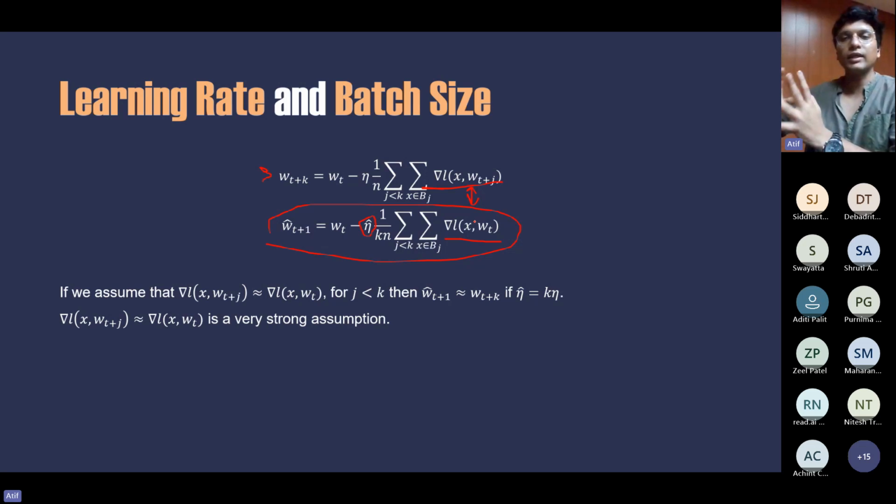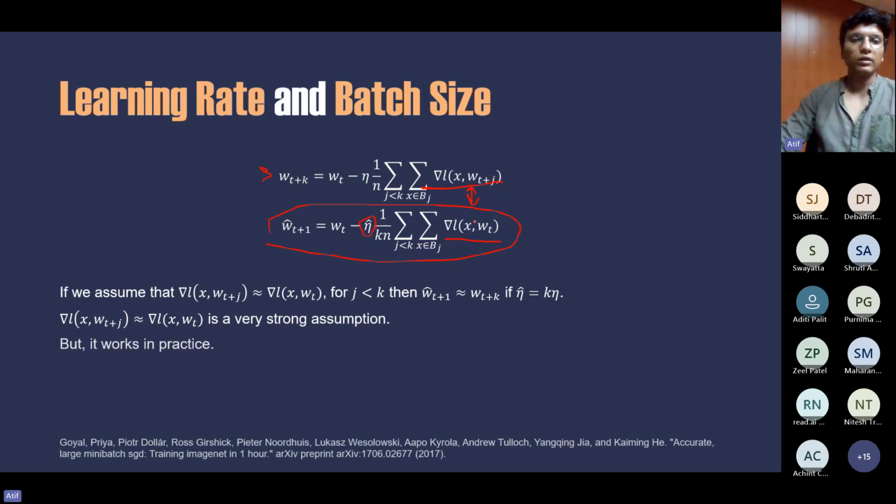So it's very unlikely that you'll be having the exact same 100 samples. But turns out that if we assume that this is true, okay, if this is true, then what I can do is I can just scale my learning rate according to my batch size. Correct? So if I want to get the same amount of performance that I would get if I would take batches of 10 and do 10 iterations, I can do that with a single iteration with a batch size of 100. But now my learning rate has to be also adjusted. So whatever learning rate I had should be into 10. So linear scaling. Okay.